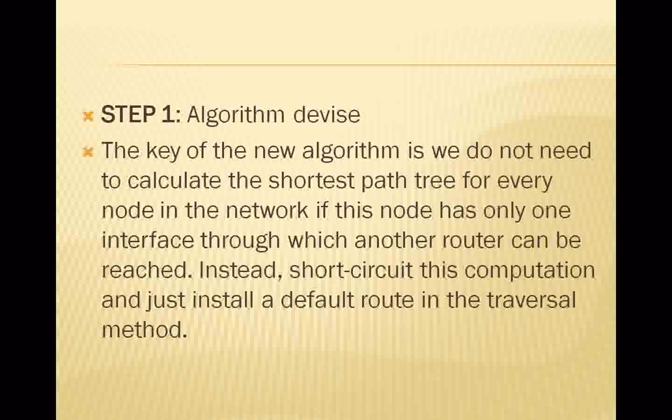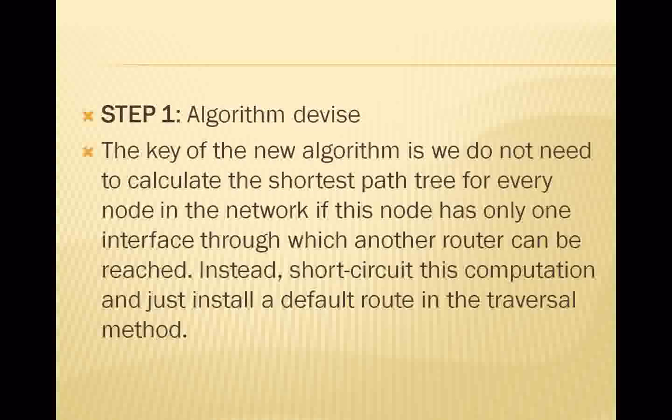And now there are some main steps. The first one is to devise the algorithm. The key of the new algorithm is that we don't need to calculate the shortest path tree for every node in the network if this node has only one interface through which another router can be reached.